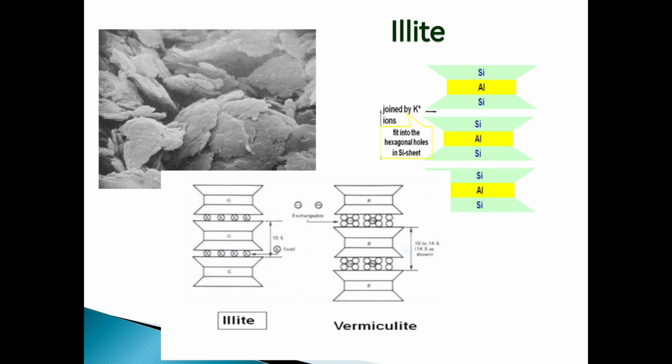But then if you remove that potassium, it will now result in vermiculite. Because the bond is weak, the oxygen-oxygen bond, a lot of ions can now be exchanged. So there will be potassium or magnesium that can be present in the soil, and your layer can now expand.